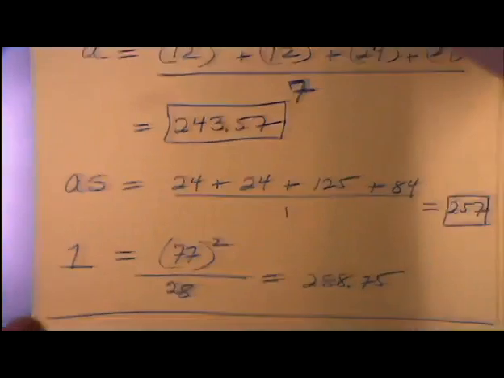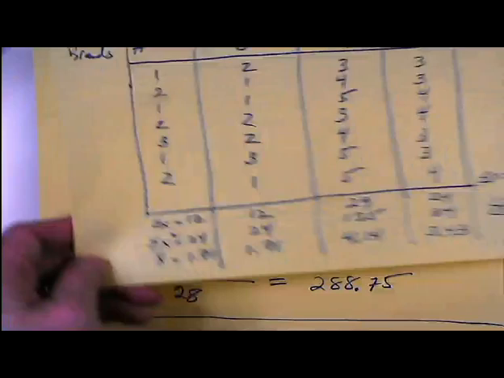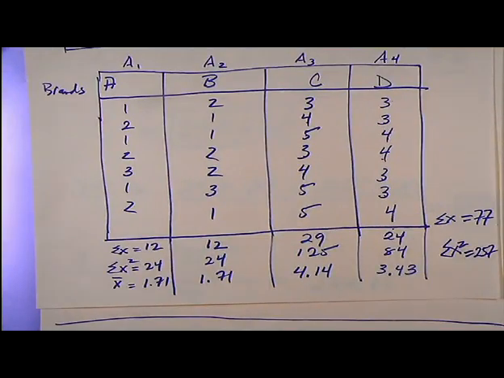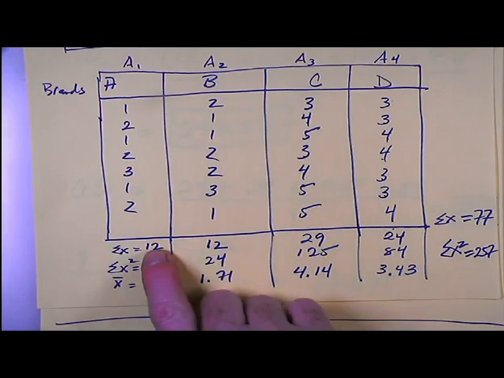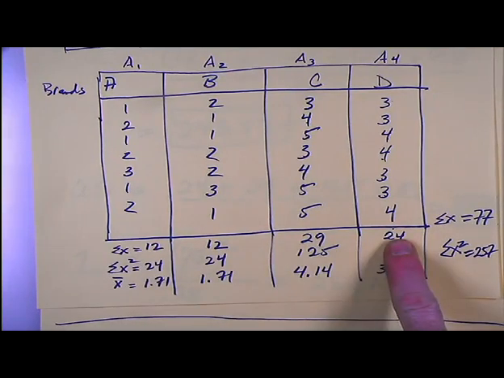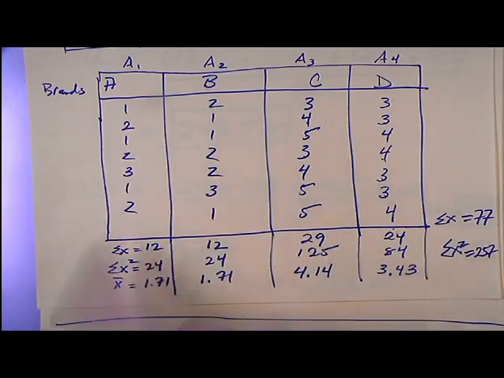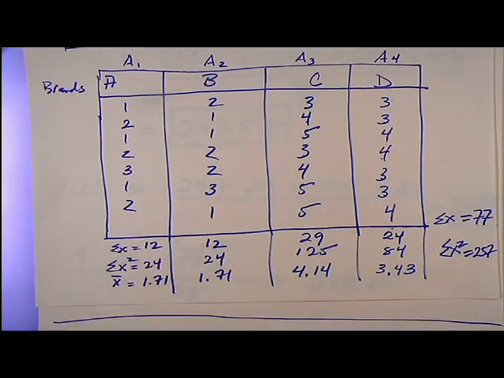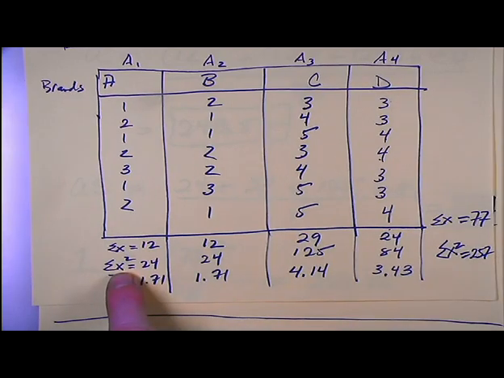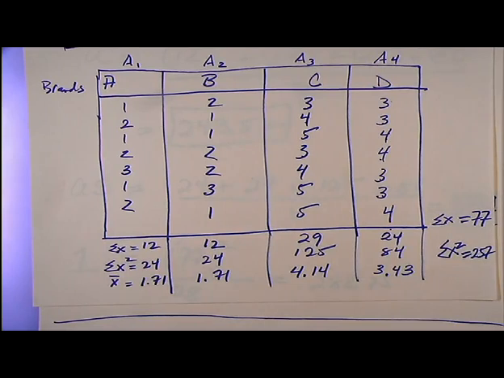How I do it is if you set up your thing like this, you're going to go this squared plus this squared plus this squared plus this squared, and then divided by however many it took to make that number. So individual squared, squared and added up, because there's your x squared. And then the last piece is everything squared and divided by the total number in it. If you can remember that piece, the rest of it will be very easy.